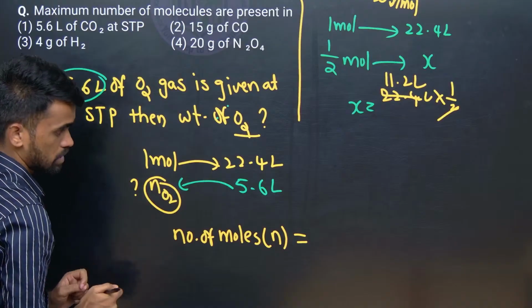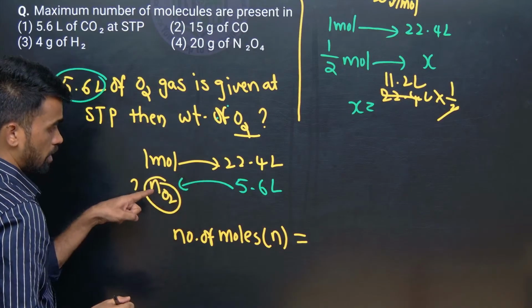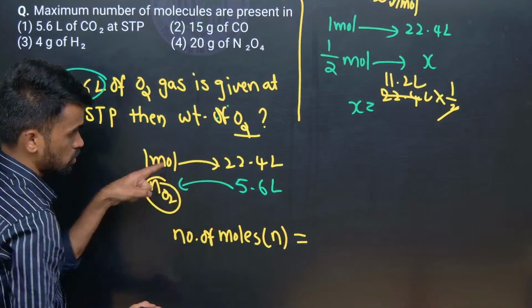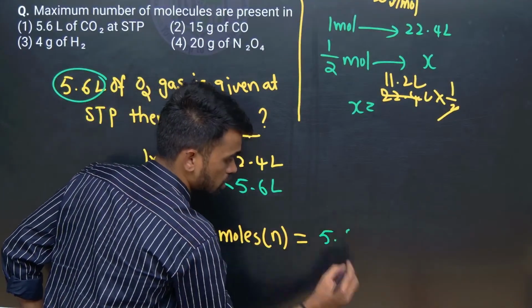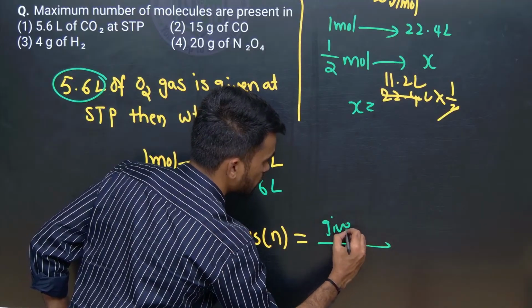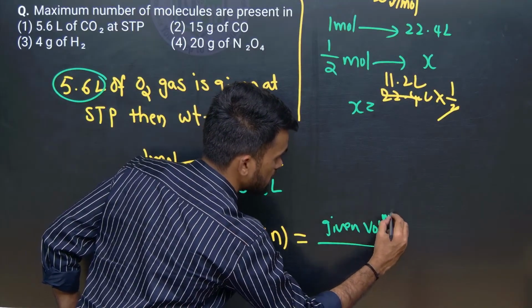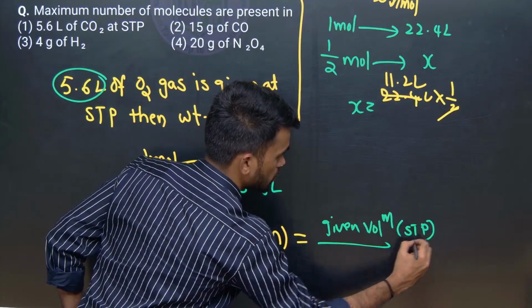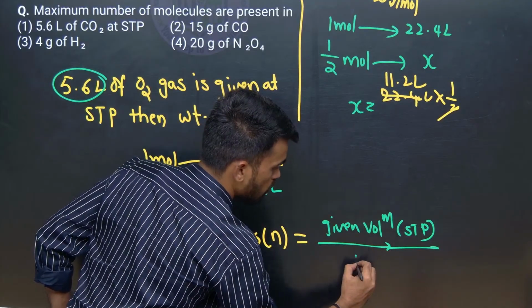Here I can write 5.6 now. So I am making a formula: number of moles equals given volume at STP by molar volume.